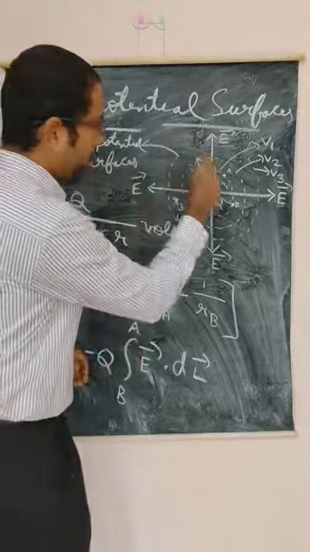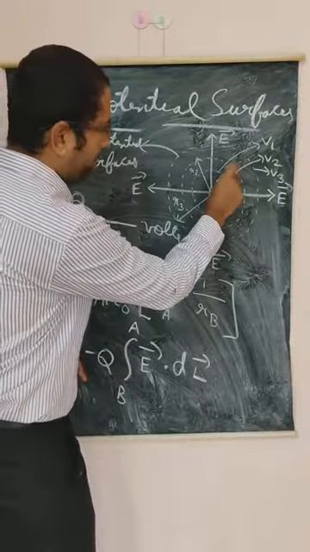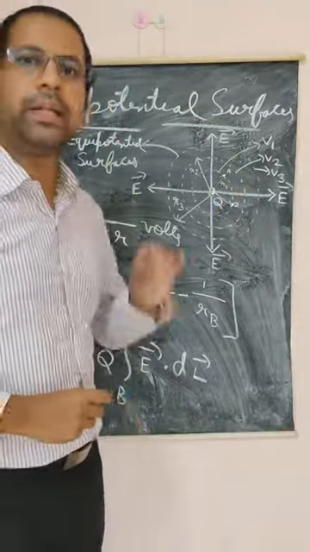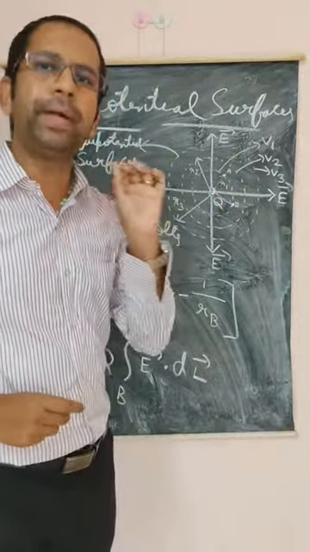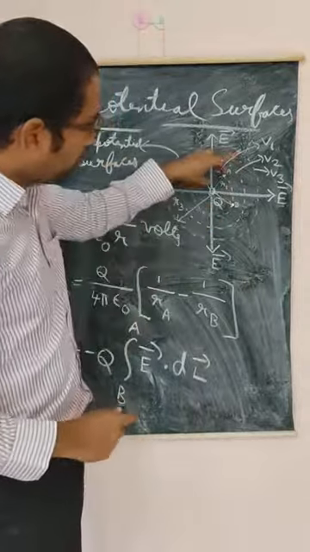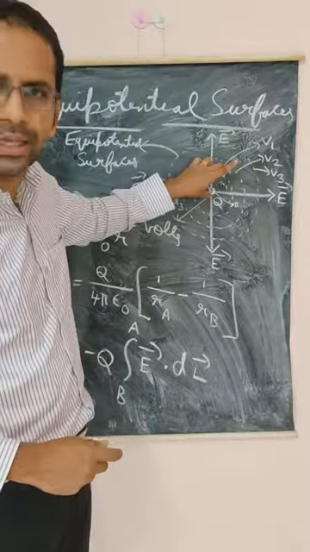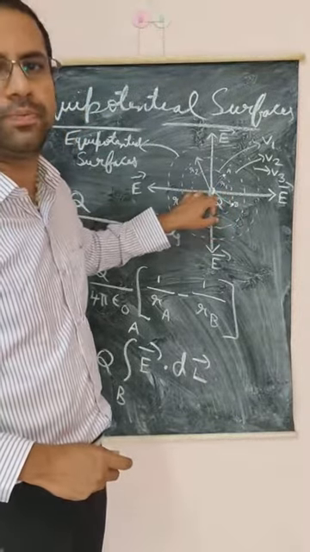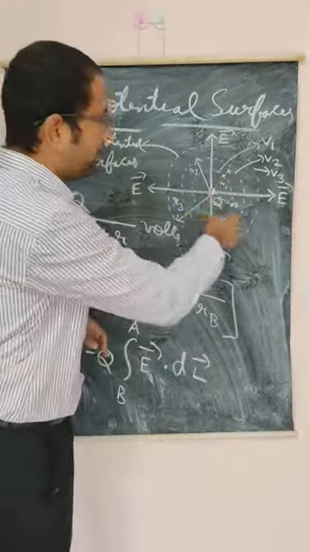It means you take a test charge, keep it at position A and bring it to position B. No work will be done, because position A's distance from the charge is equal to position B's distance from the charge. Now this becomes the equipotential surface.